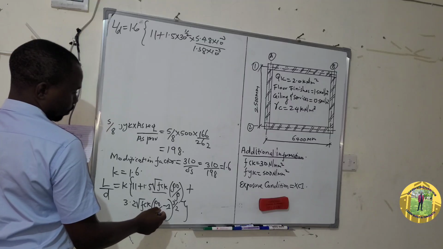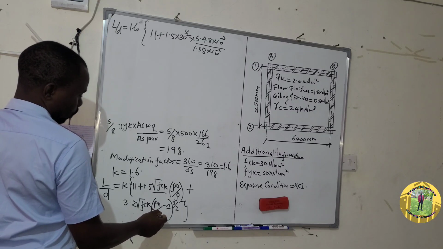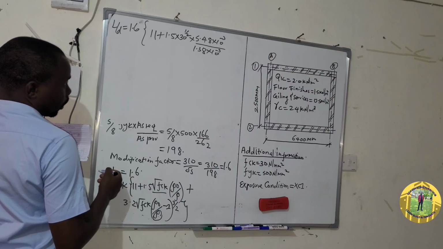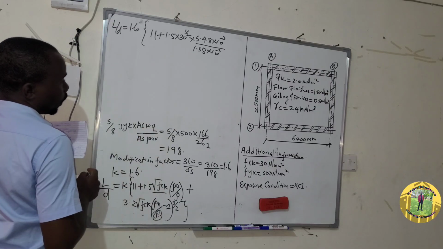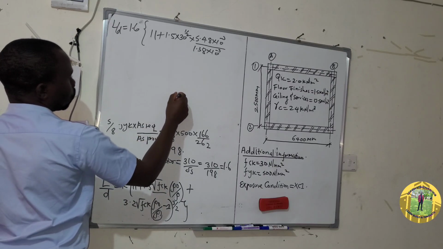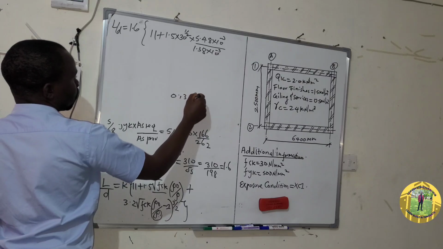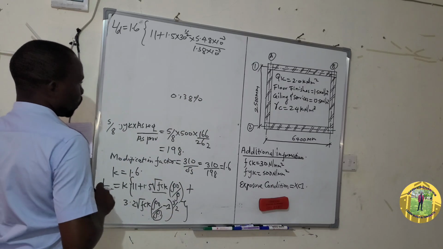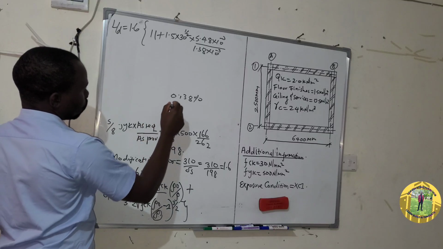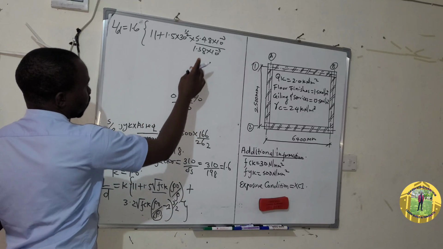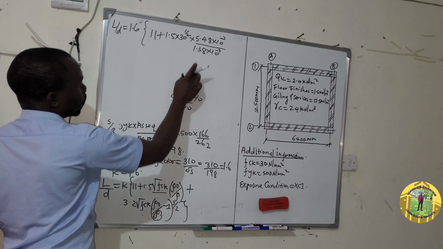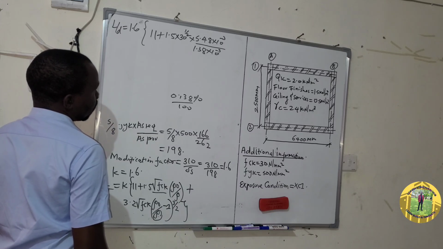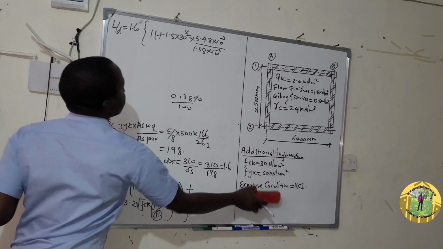For this one, we use 1.38, which is equal to 0.138 percent. So you convert it to a fraction, dividing by 100, and you get 1.38 times 10 raised to power of negative 3.